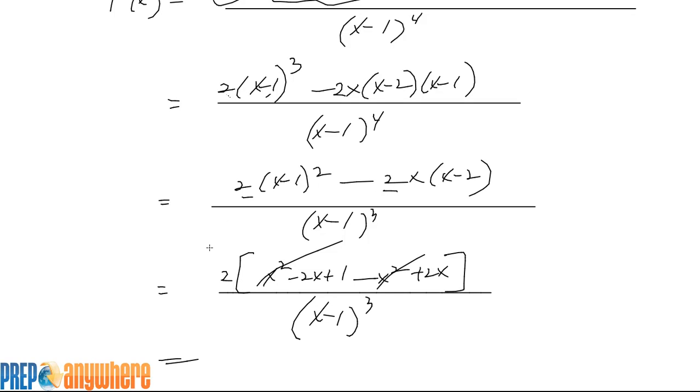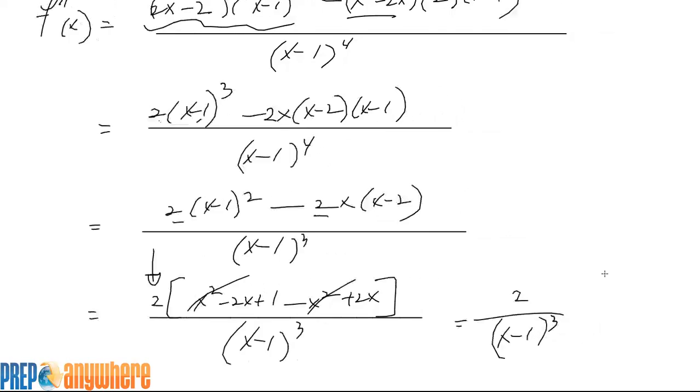I factored the 2 out the front here. So that's gone, that's gone. That's actually pretty nice. We only have 1 left on the top. So we're going to be 2 over (x - 1)³, right? So is it going to have any inflection point? It doesn't equal 0 anywhere, right?